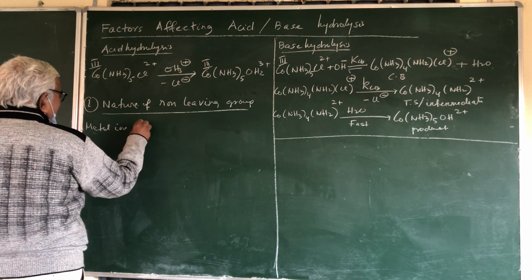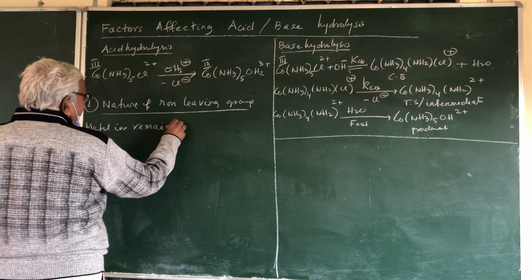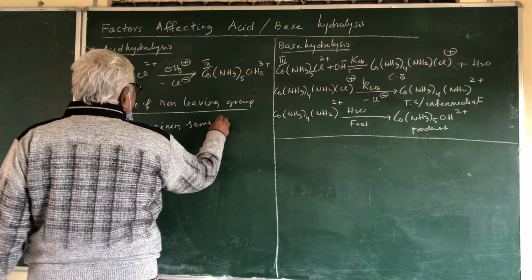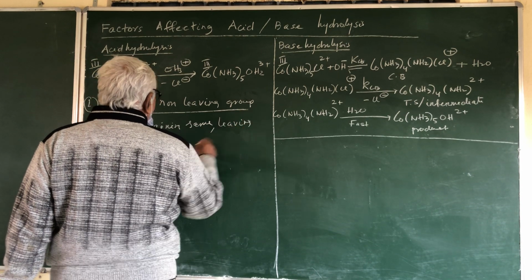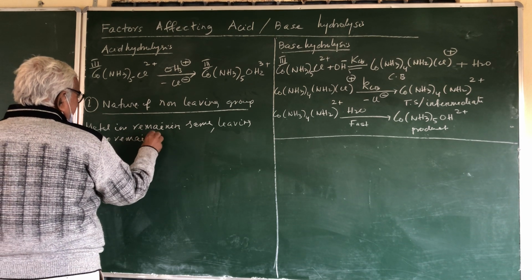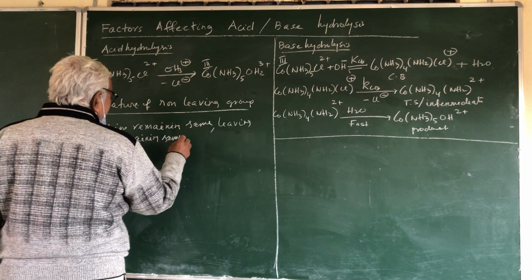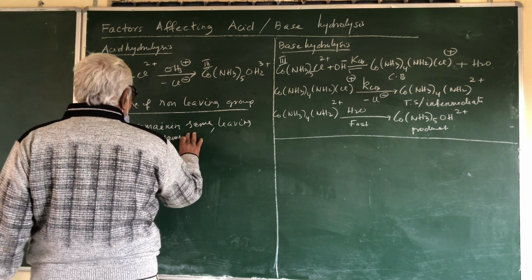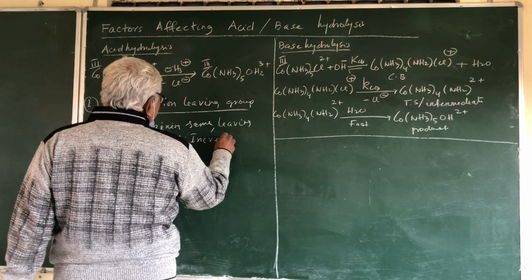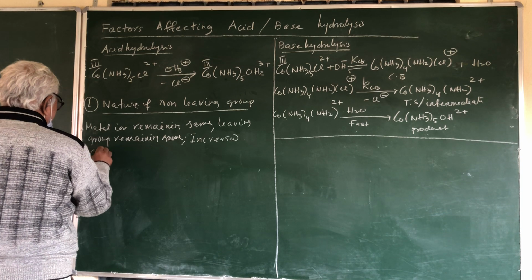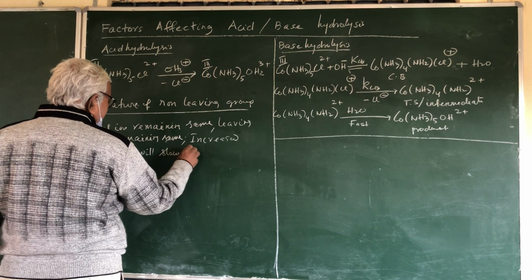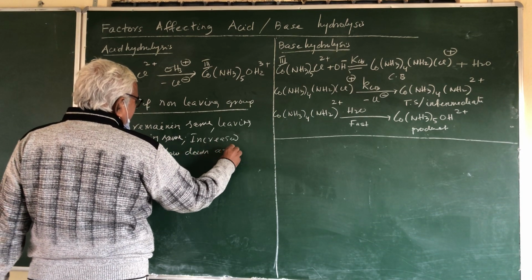Metal and leaving group remaining same, increased chelation will slow down aquation.